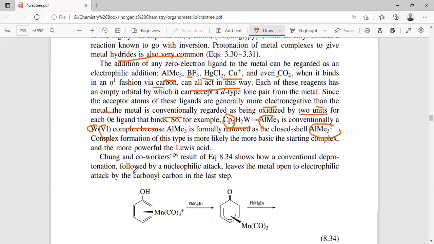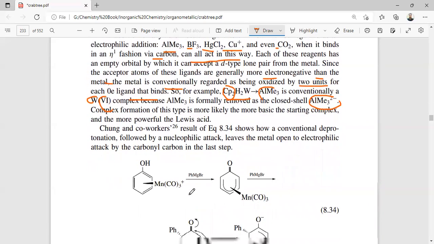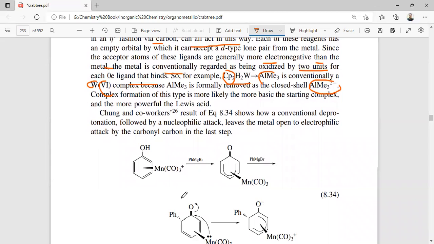Chung and co-workers showed how a conventional deprotonation followed by nucleophilic attack leaves the metal open to electrophilic attack by the carbonyl carbon in the first step. So here is the manganese Mn(CO)3 plus complex, where this ring is a nucleophilic reagent that abstracts this hydrogen to form this.